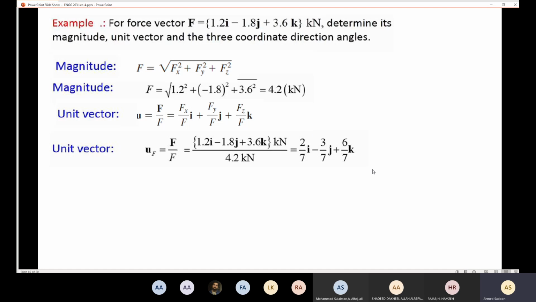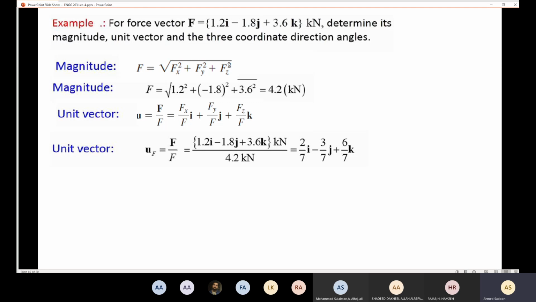It's dimensionless. If you calculate the magnitude of the unit vector, the answer is going to be 1. So if you want to check whether your unit vector is correct or not, calculate its magnitude, and the answer should be only 1.